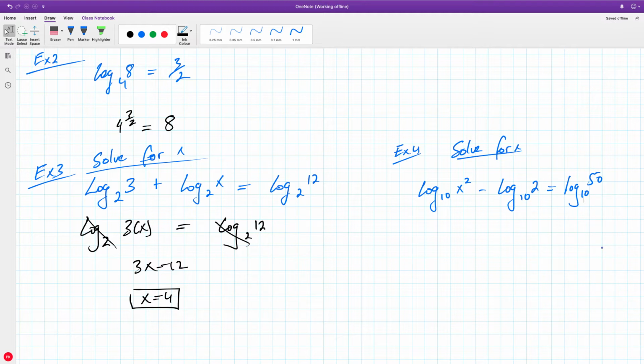Second one, why? Because multiplication and addition go hand in hand, subtraction and division go hand in hand.